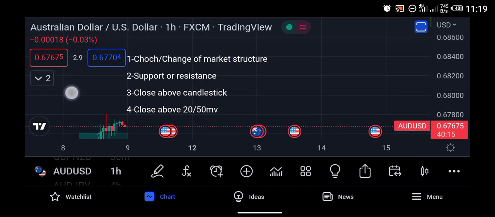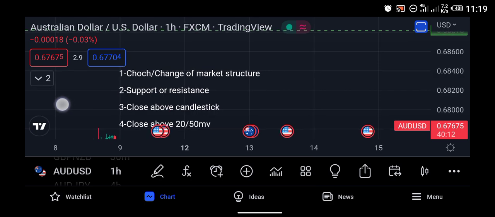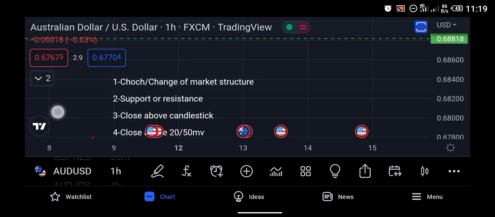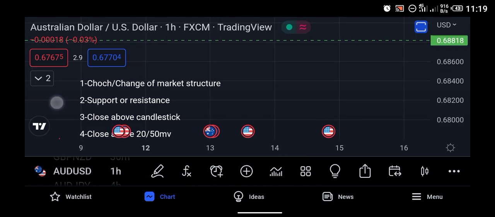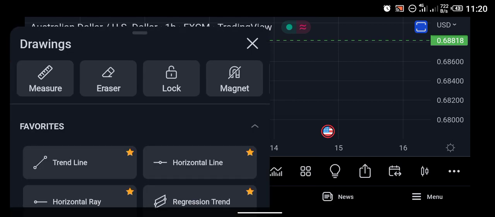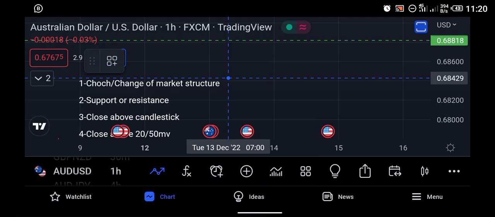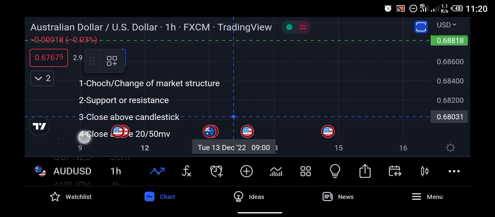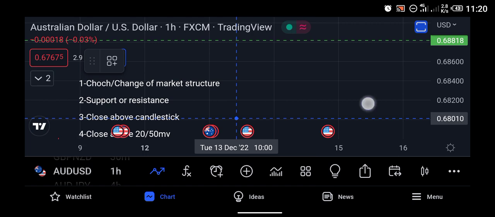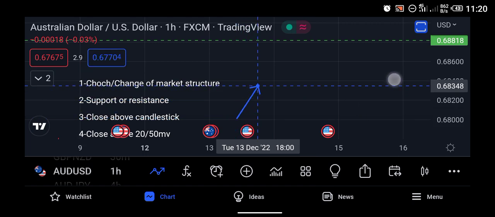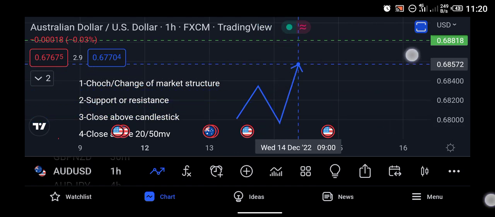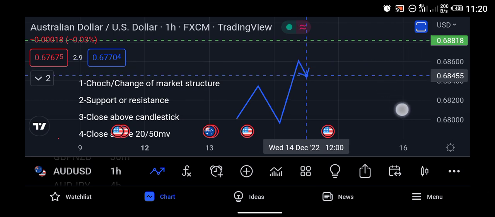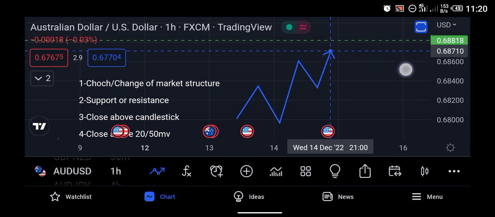Number one, if you are new to this game and you don't understand what I mean by change of trend and change of market structure, let me give you an example. Take a look at this. If you have a trending market, for instance, you keep having a higher high and a higher low like this. You have a high and you have a low, and you have a high that is above the first high, and you have a new low and a new high.